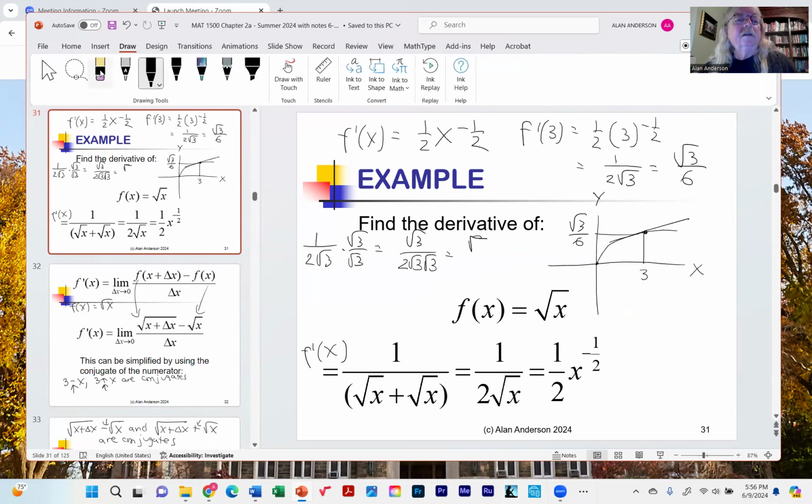We have radical 3 over 2 times 3, and that becomes radical 3 over 6. In case you've forgotten how to do this. By convention, we normally try to avoid having radicals in the denominator, and this is how you get around that problem. So anyway, now I can choose any other x I want, and I can always figure out the slope of the tangent line at that point, or derivative, by simply plugging x into this derivative for the entire function.